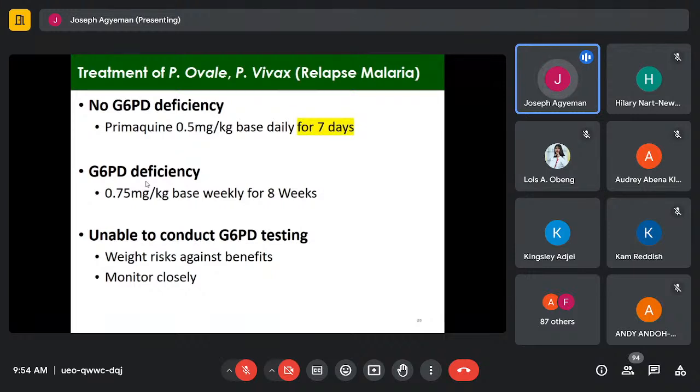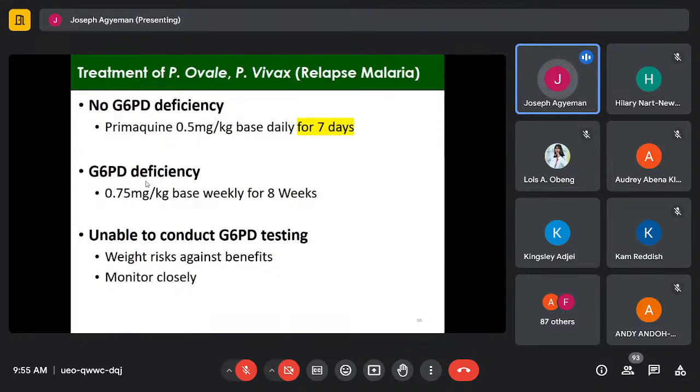So in females, possibilities are 3: normal, partial defect, full defect. In males, because we have just one X, that is XY, if that one is affected, you have full defect. You can't have partial defect, you can only have full and no defect.